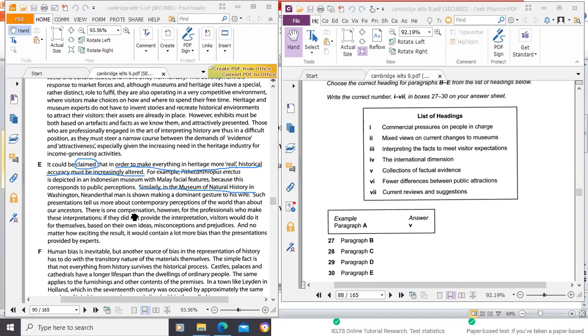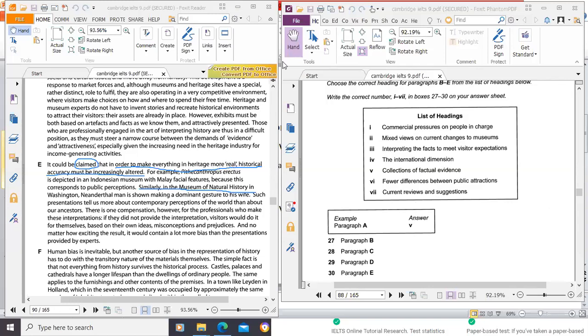All right. So, and no matter how exciting the result, it would contain a lot more biases than the presentation provided by experts. So I've read the first one, I've read the last one, okay? But the major thing here is that it could be claimed in order to make everything in heritage more real.